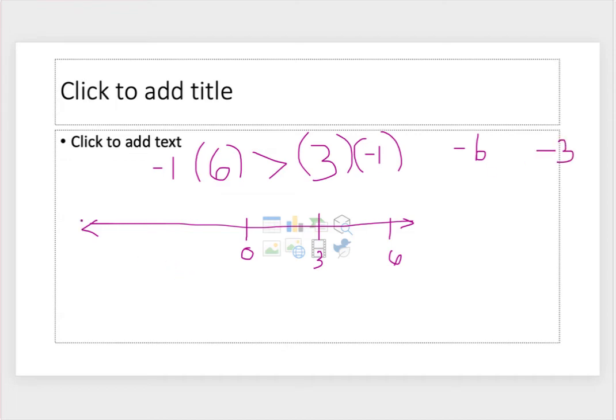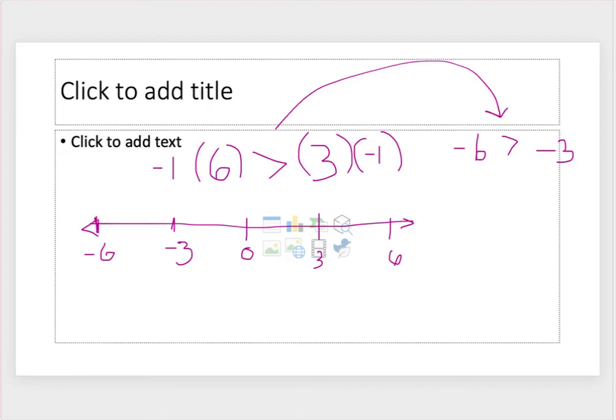Negative 6, remember, is way over here, and negative 3 is right there. But if I put the greater than sign there, is negative 6 greater?